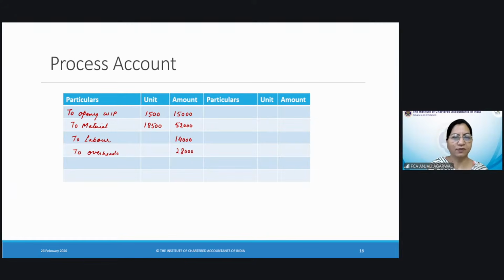And we know that there was abnormal gain, so we'll put the abnormal gain on the debit side here of 2,000 units. So the total of units will be 22,000.